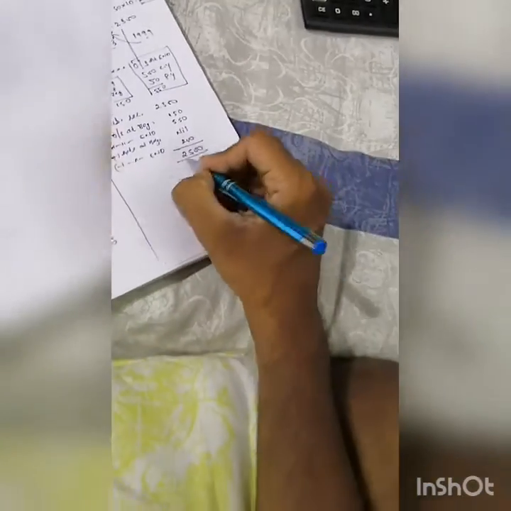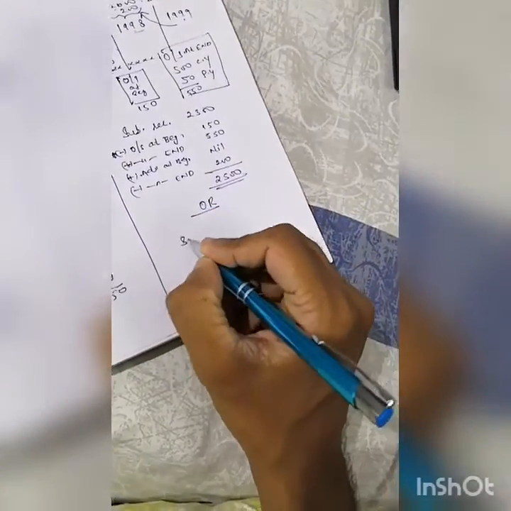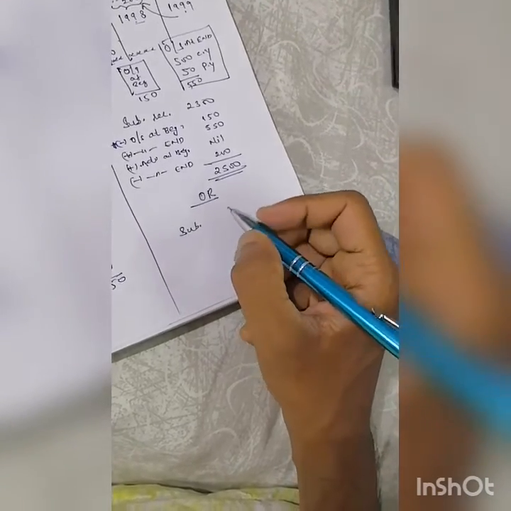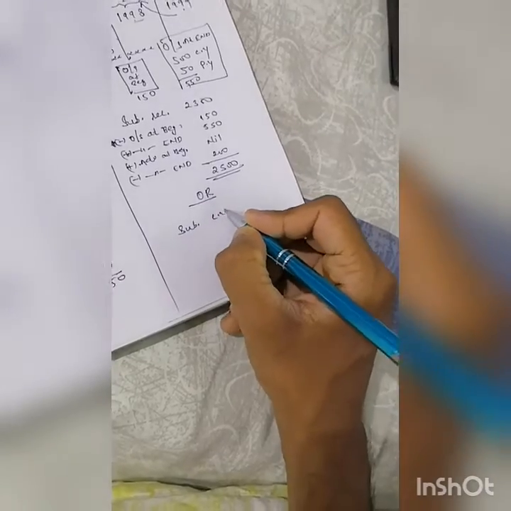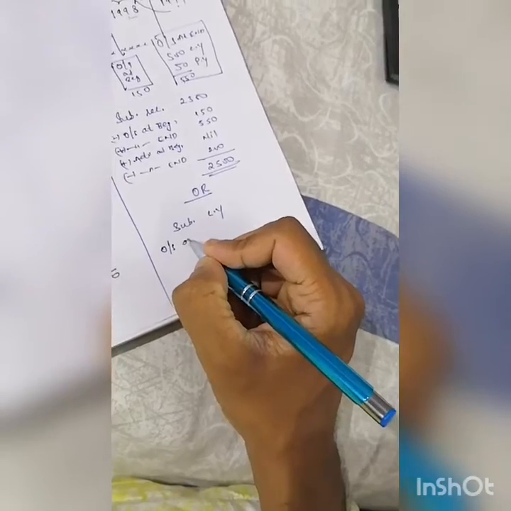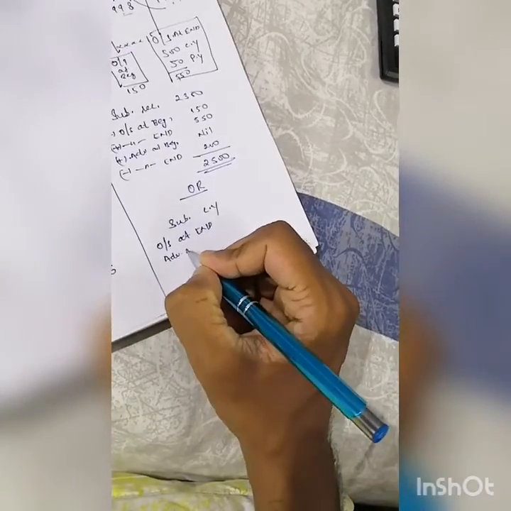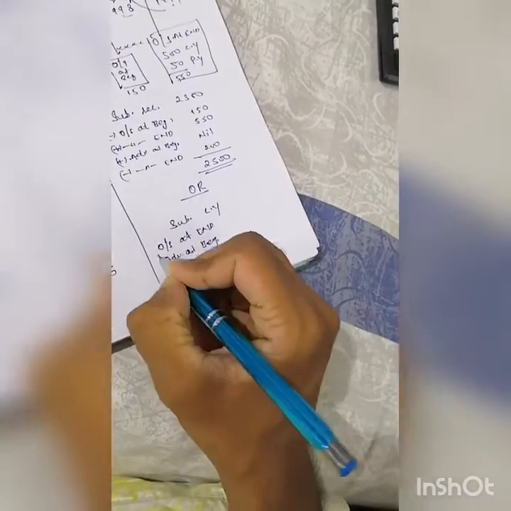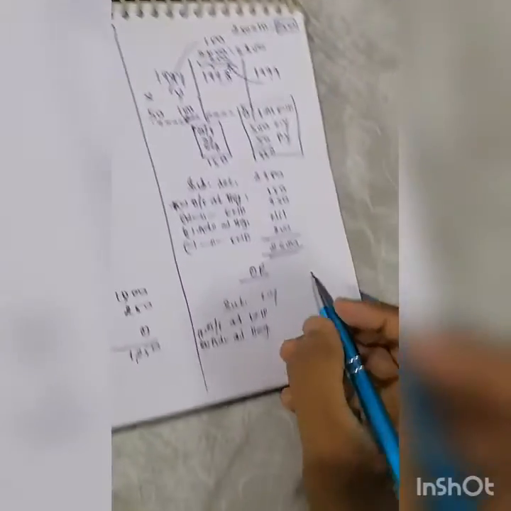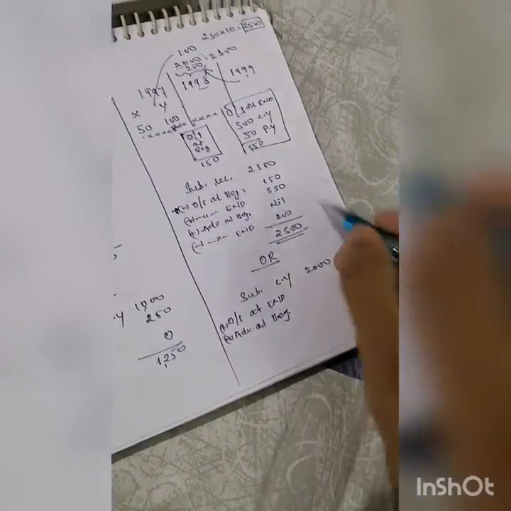So what will the calculation be? It is 2500 subscription received. And in the other formula, I have told you, subscription of the current year, plus outstanding of the current year, and advance at beginning, we have to add. So the current year subscription is 2000, this is given.